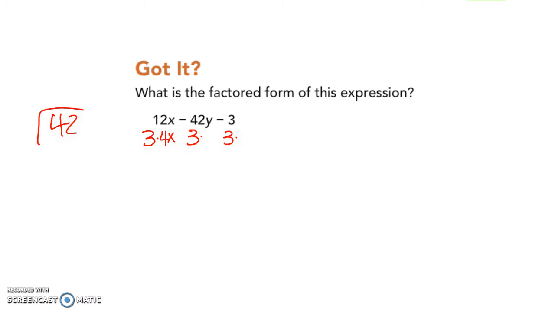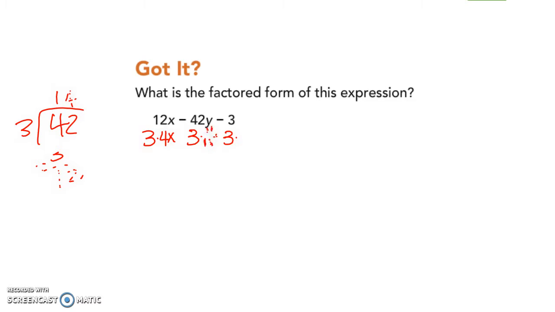Okay, so let's try this one together. Factored form of this expression, what would be the GCF of all 3 terms? Of all 3, it would be 3. So 3, 3, 3. 3 times what gives you 12x? 4x. 3 times what gives you 42y? Let's see, off the top of my head, what is it? 14. Yeah, 14. Okay, so 14y.